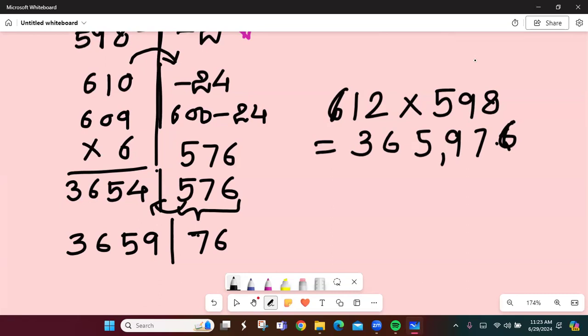So you can see this method is quite easy, interesting, and quick.